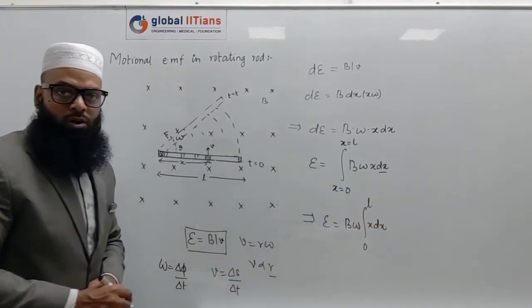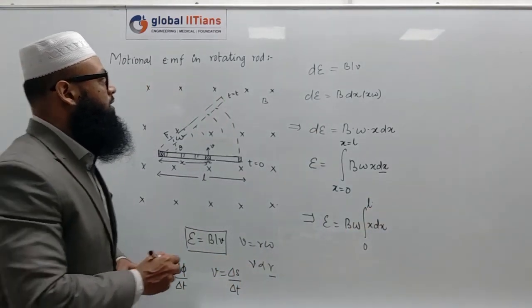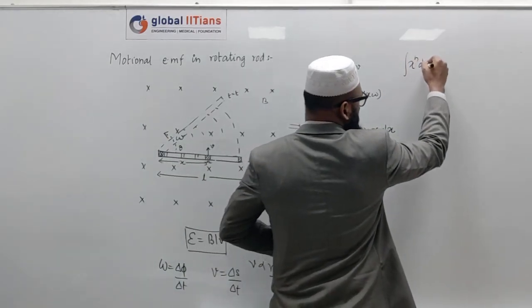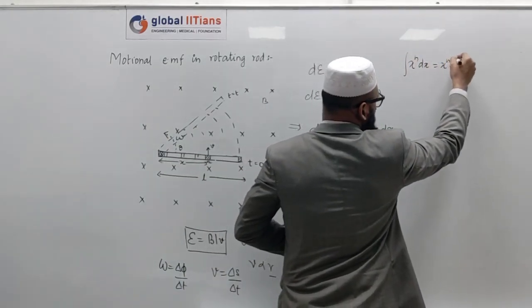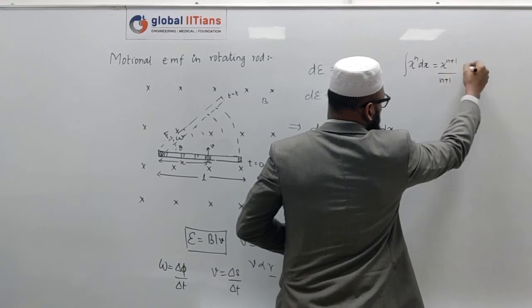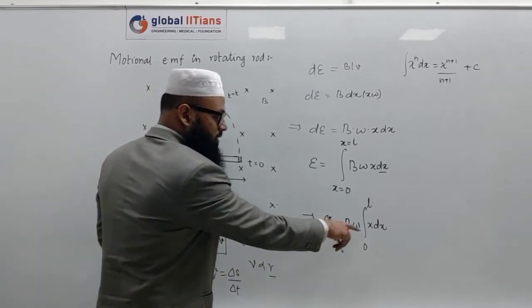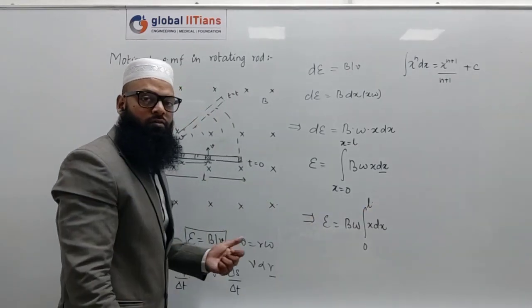As far as the formula for integration of x dx is concerned, the integration of x to the power n dx is equal to x to the power n plus 1 upon n plus 1 plus c, if it is an indefinite integral. But it is a definite one, so we need not add the constant of integration.